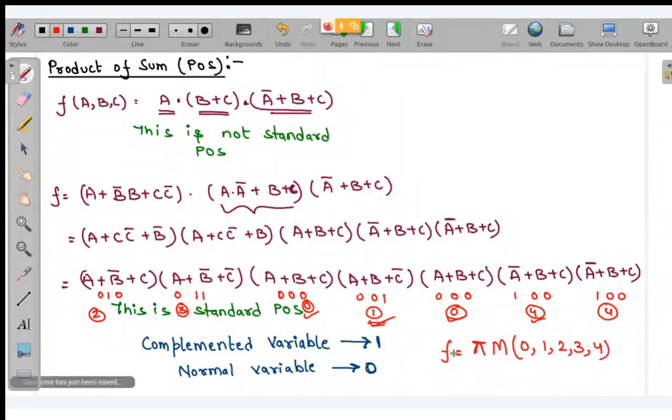This is your max term representation for this one. Or you can even represent it like capital M0 plus capital M1 plus capital M2 plus capital M3 plus capital M4. You can represent it like this also.